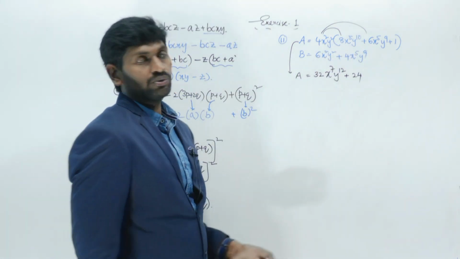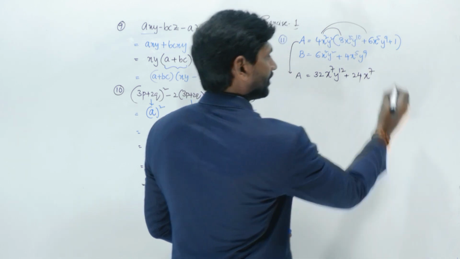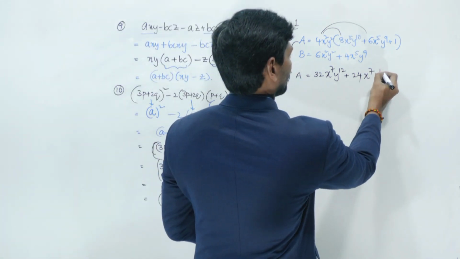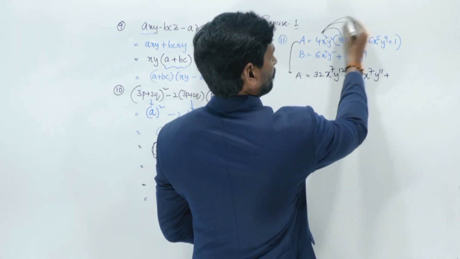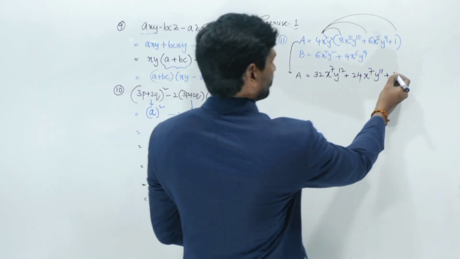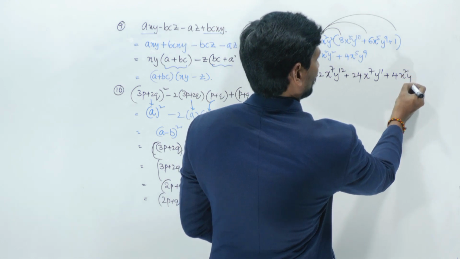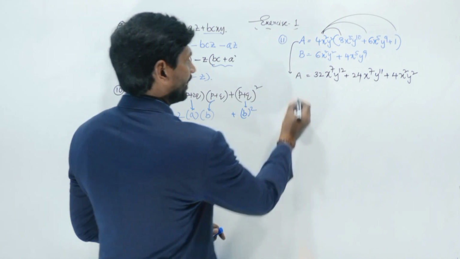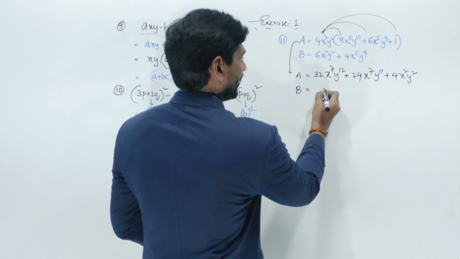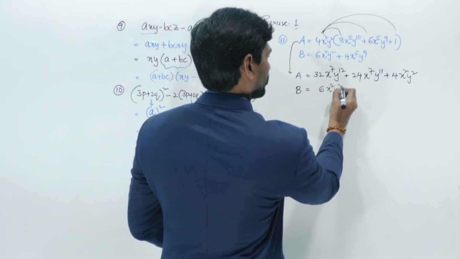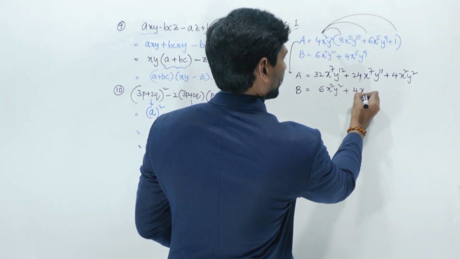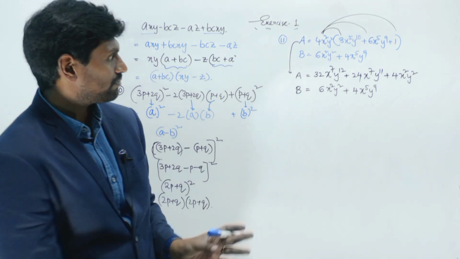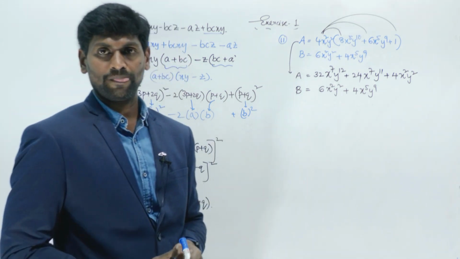X square into x power 5 is x power 7, and y square into y power 9 is y power 11. Plus 4 into 1, 4x square y square. This is the A value. Now the B value is 6x square y square plus 4x power 5 y power 9. The B value does not change because the two terms are given very clearly here.